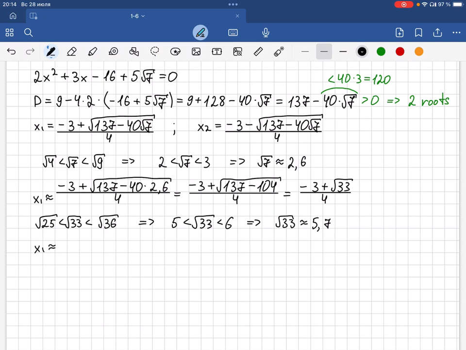which means that x1 approximately equals minus 3 plus 5.7 divided by 4, which is 0.675. This is our first root, but we also have the second one.